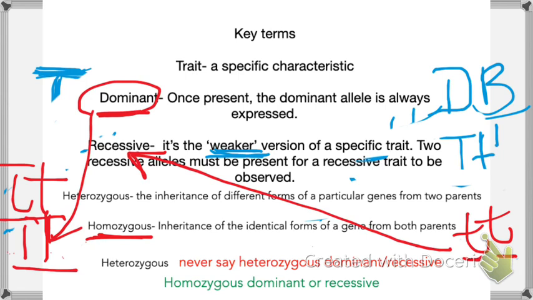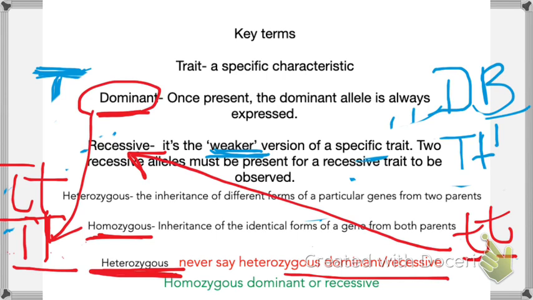But it's not necessary to go on to say heterozygous dominant or heterozygous recessive. Why do you think it's not necessary to say that? Because heterozygous means two different forms of the allele.